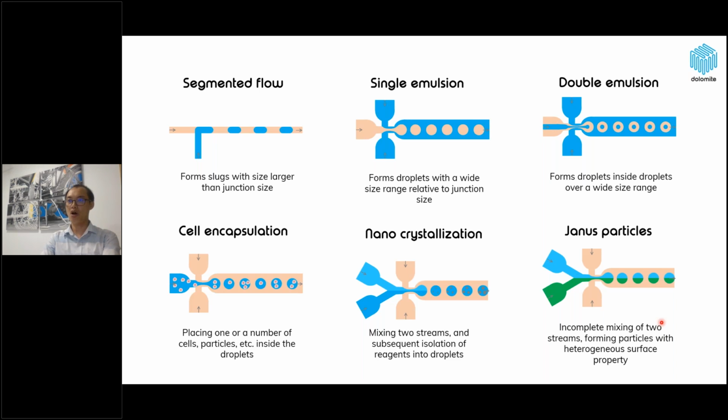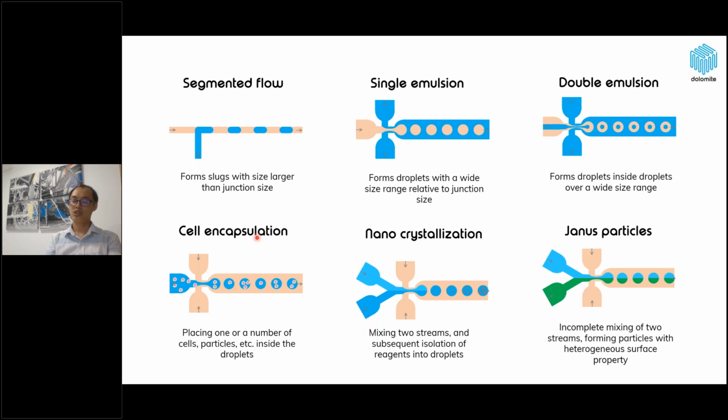We can make a slug, with size larger than the junction size, using the T junction chip here, or we can make a single emulsion with the X junction chip, or we can make more complex emulsions like double emulsion or multiple emulsion, like droplet in droplet, or do cell encapsulation, which places one or a number of cells inside the droplet, or do nanocrystallization by mixing two streams and subsequent isolation of the reagent into the droplets.